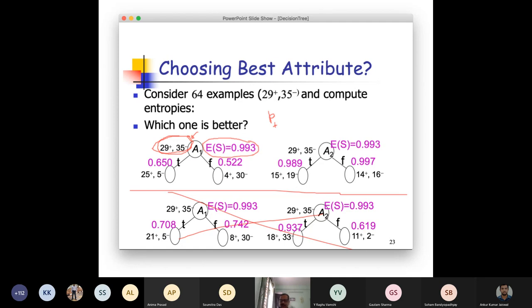There are 64 samples at this node. Suppose this is the parent node, which means all the training examples, and there are only 64 examples, as already mentioned here. So the probability of positive samples is 29 by 64.